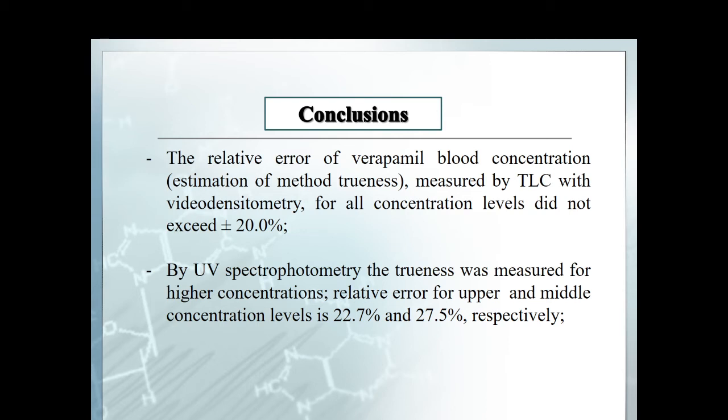By UV spectrophotometry, trueness was measured for higher concentrations. The relative error for upper and middle concentration levels is 22.7% and 27.5% respectively.